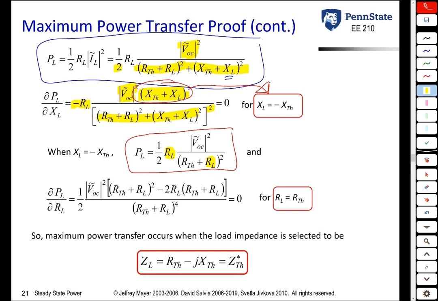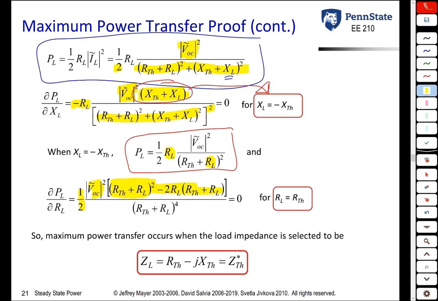So when we take the partial derivative, we're going to get the 1/2 times the denominator times the derivative of the numerator. The derivative of the numerator is just 1/2 VOC squared, minus the numerator, which is 1/2 RL VOC squared, divided by the derivative of the denominator, which is 2 times R Thevenin plus RL.